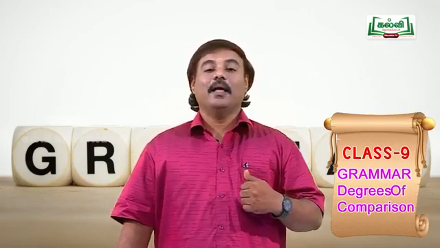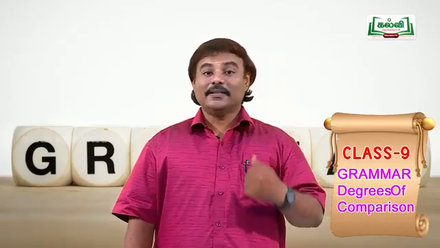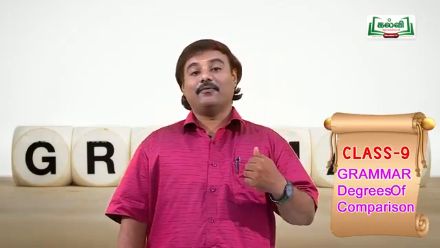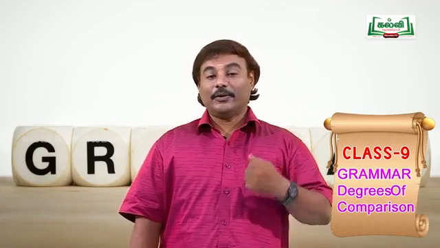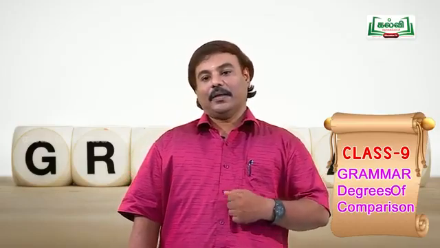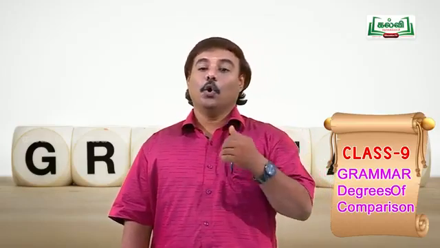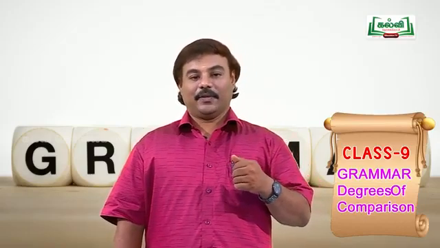For example, my grandfather is old. In this case, you can say my grandfather is elder. My grandfather is the eldest. You cannot use older or oldest for any human. In this case, old, older, oldest.